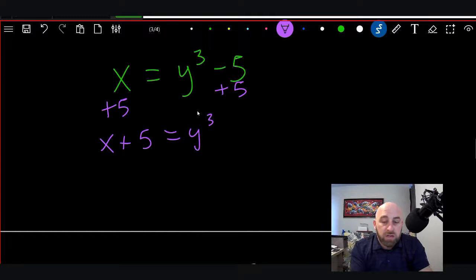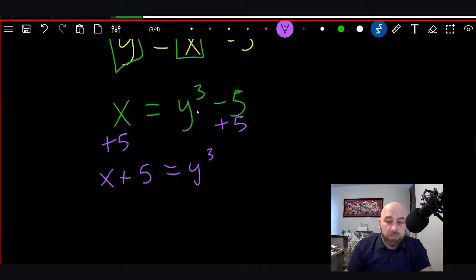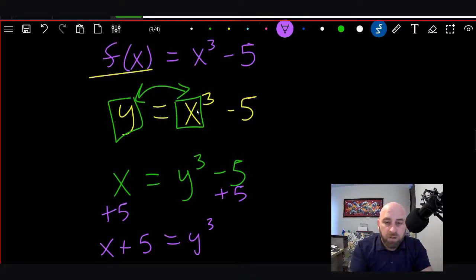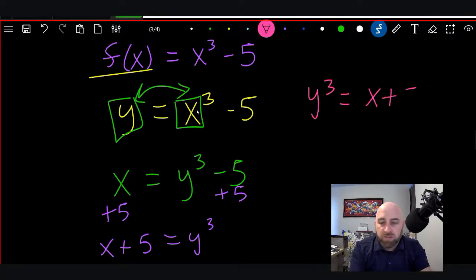You're done. I like to keep things positive. Maybe you like to be positive too. That's the easiest way to keep things positive, by just moving the 5 over to the other side. Now you can just swap it around, like I said, so you have y cubed equals x plus 5.